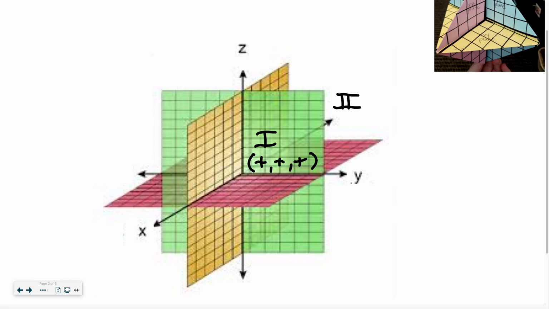In order to get to that room behind octant 1, instead of going forward on the x-axis, we need to go backward on the x. So x is negative, but we still go right and up, so y and z are both positive.